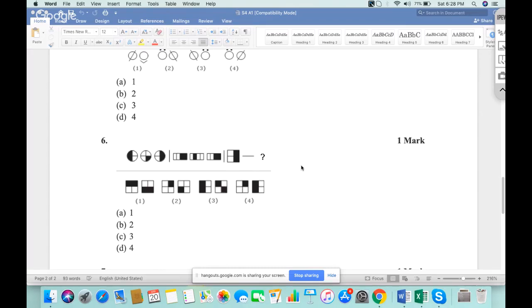So what's the answer? Most of you are giving me 6D. 6D is the right answer.